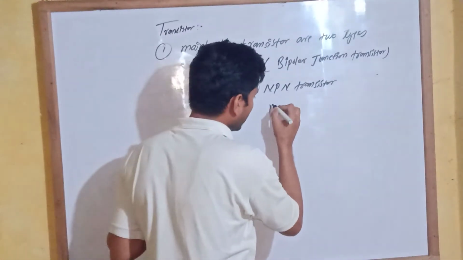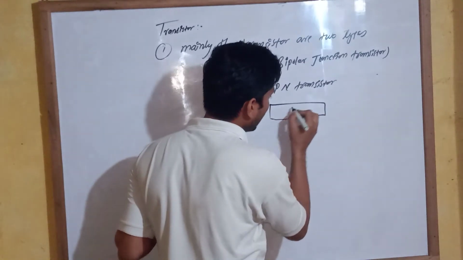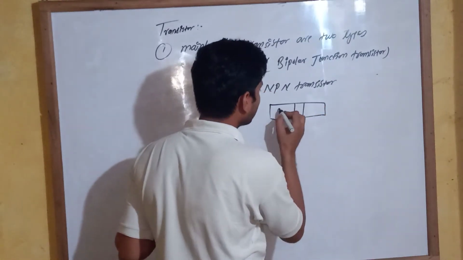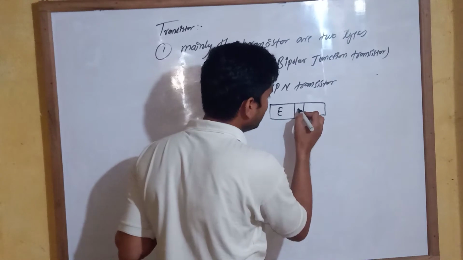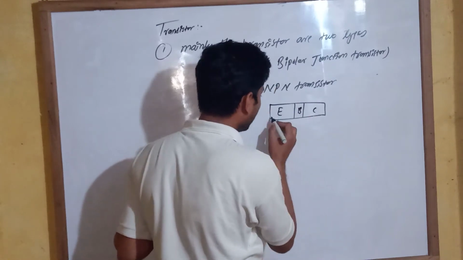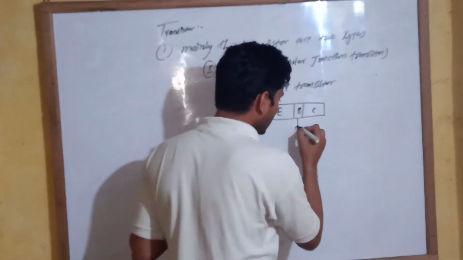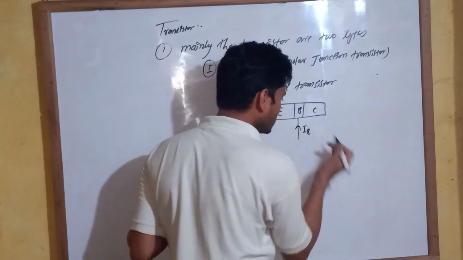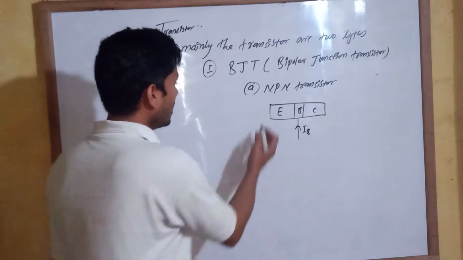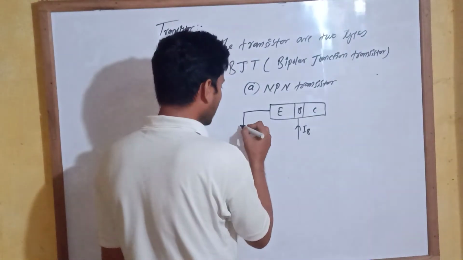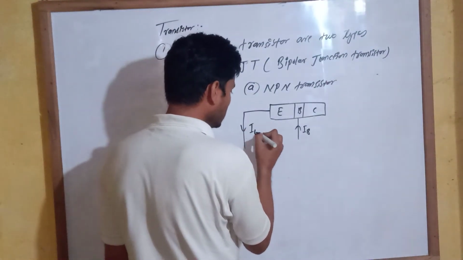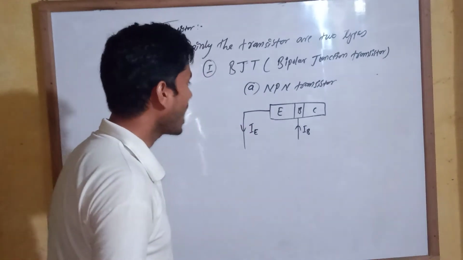In the diagram, the NPN transistor is denoted like this: this is the emitter region, this is the base region, and this is the collector region, and there is one kind of common junction. From there, a small amount of current passes, which is denoted by IB, and from this terminal, a current flows, denoted by IE.